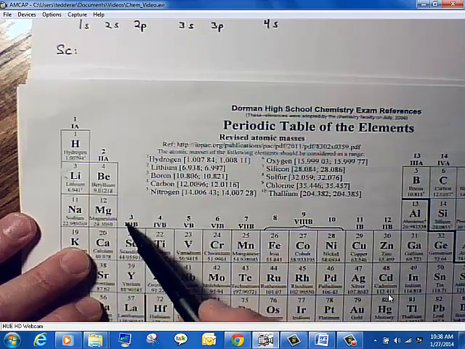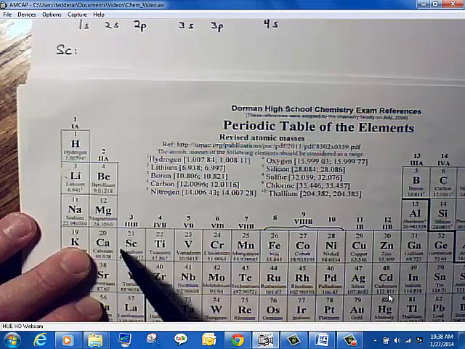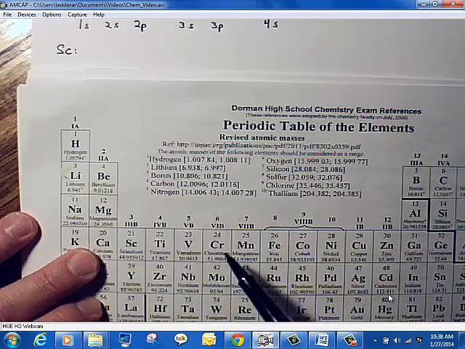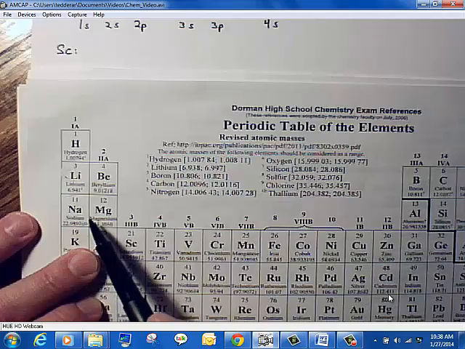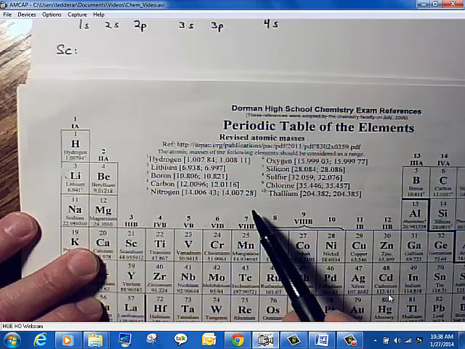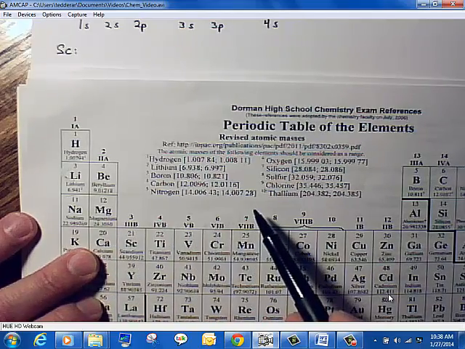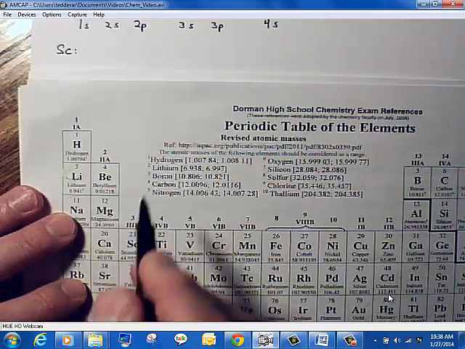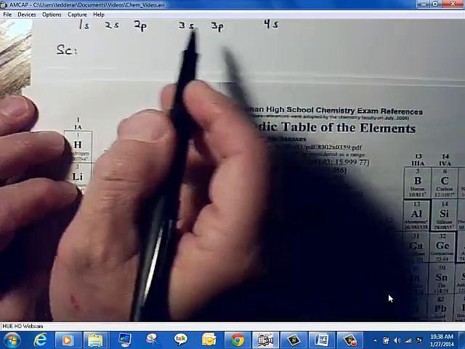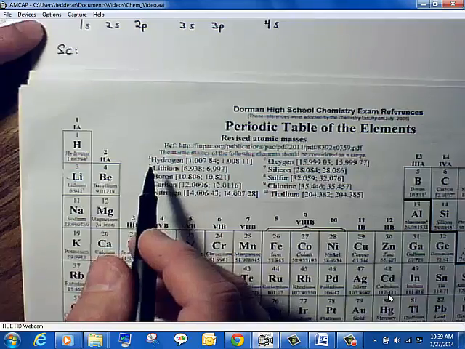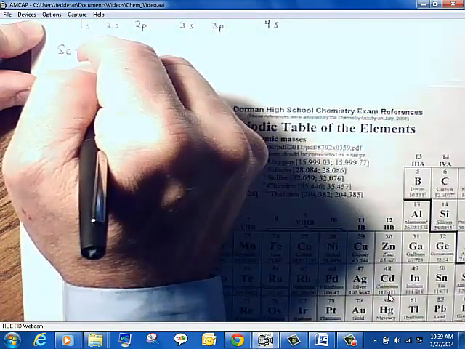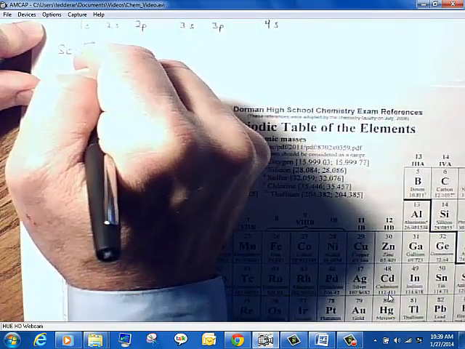The reason it kind of belongs there is because when we get to scandium and titanium and vanadium, we're actually putting electrons in the 3rd primary level, not the 4th. So let me show you how that works. We're going to write all of these same orbitals and electrons for calcium.